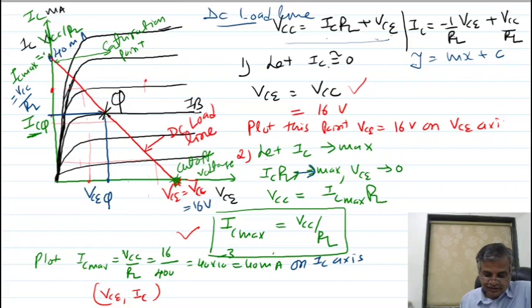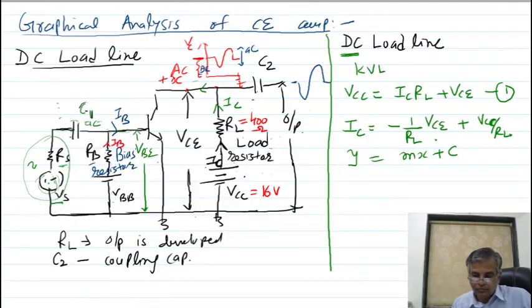This must be 20 milliampere, and this must be 8 volt. For a class A amplifier, the Q point is selected at the middle point of the load line. How is it possible? By selecting the proper value of RB and RL, you can get the Q point at the middle point of the load line.